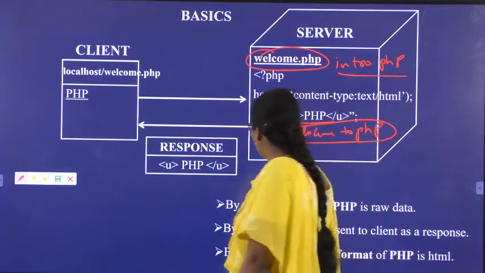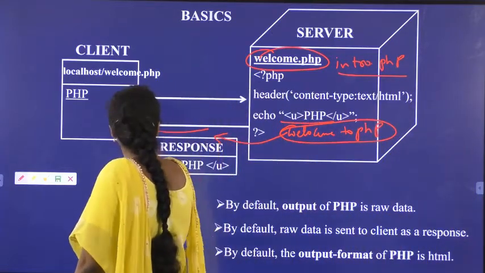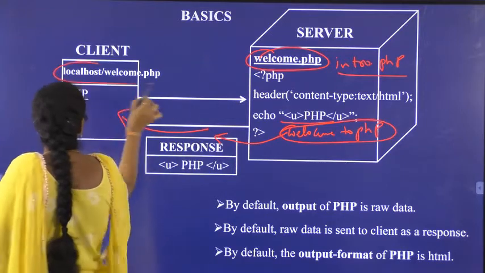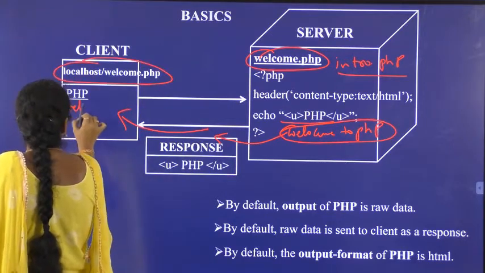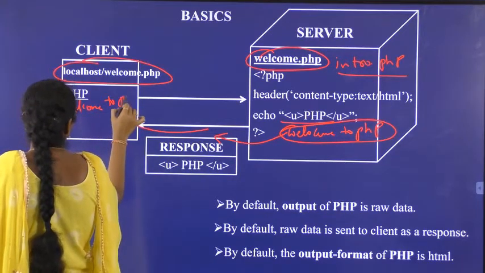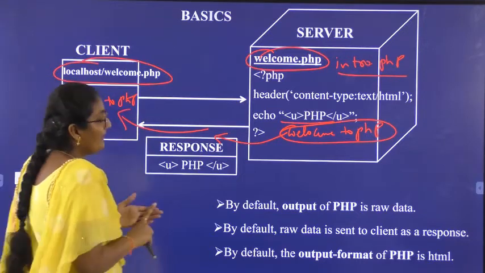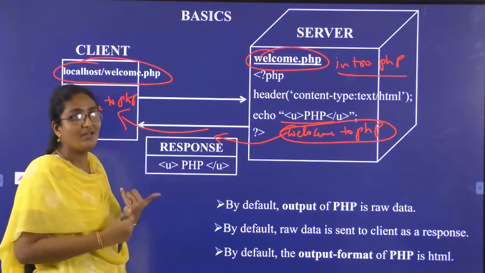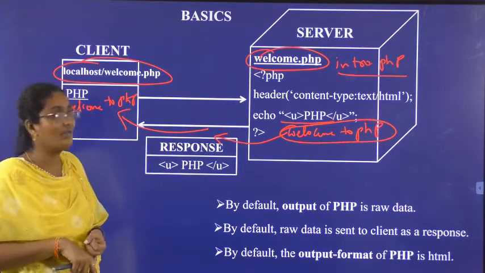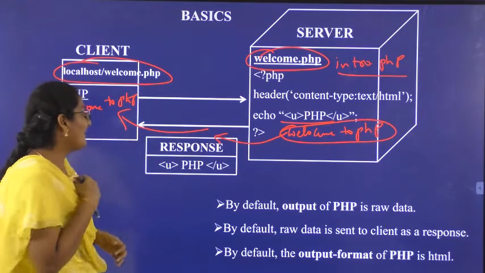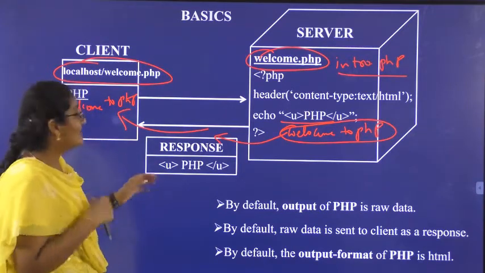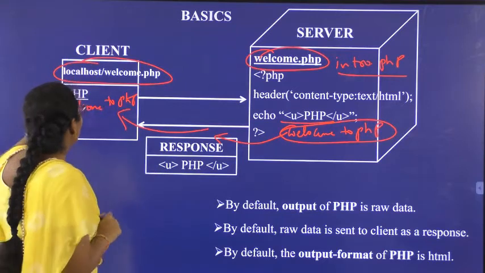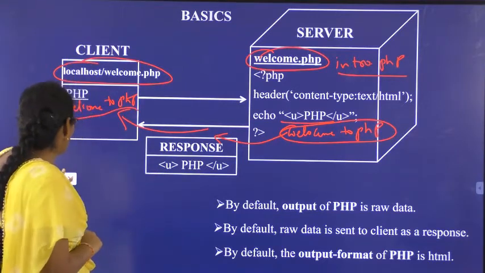This welcome to PHP is sent as response to the client, and on the client side we will get welcome to PHP. So the intro.php program is executed on the server. Echo is used for printing the output. So my content is welcome to PHP. That sentence is given as response to the client. So the client will display welcome to PHP.